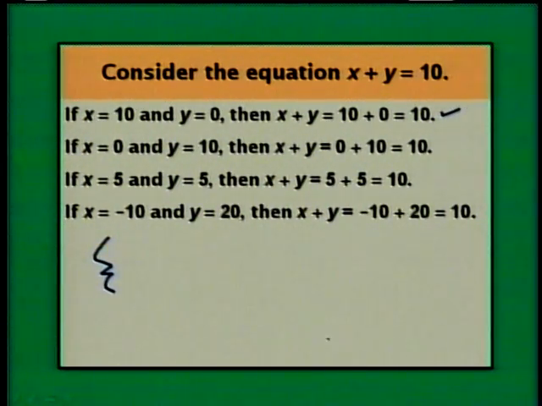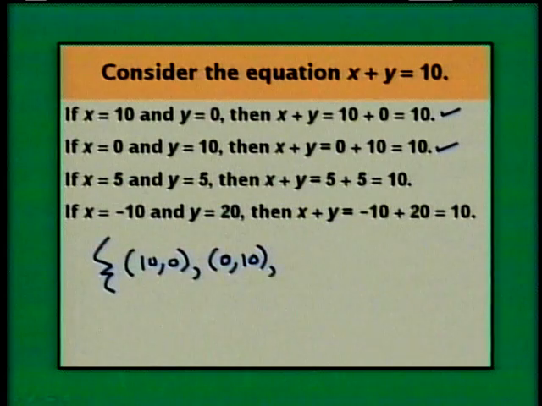From the first observation, I had x equals 10, y equals 0. I can throw that into my solution set. From the second observation, I have the ordered pair 0, 10. x equals 0, y equals 10. This third observation gives me the ordered pair 5, 5.